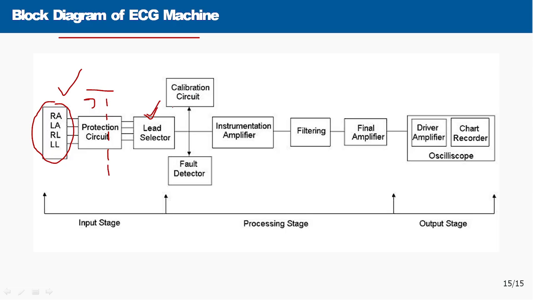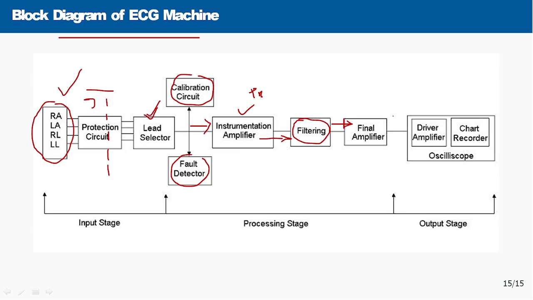After the lead system we have the calibration circuit and fault detector circuit. Once the calibration has been done, the signal has to be put into an amplifier. This instrumentation amplifier is also known as a pre-amplifier. It will pre-amplify these feeble signals. Then once it has been amplified, we have to filter out the noise or motion artifacts, and after filtering, we amplify the signal again.